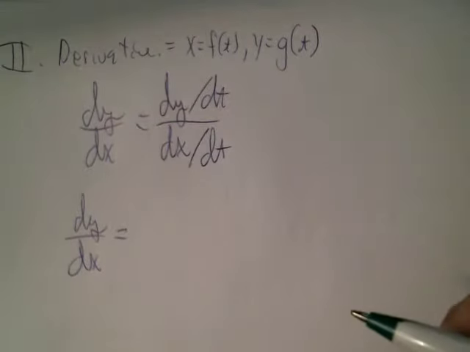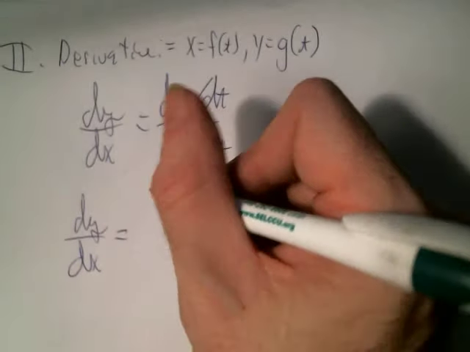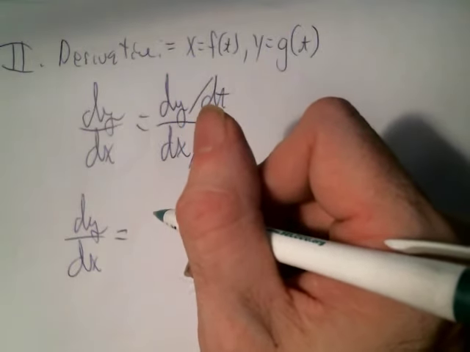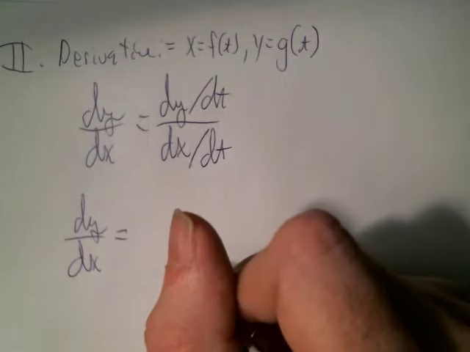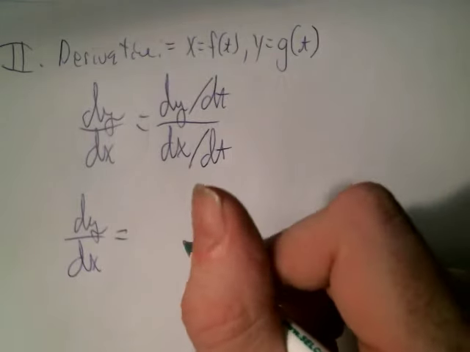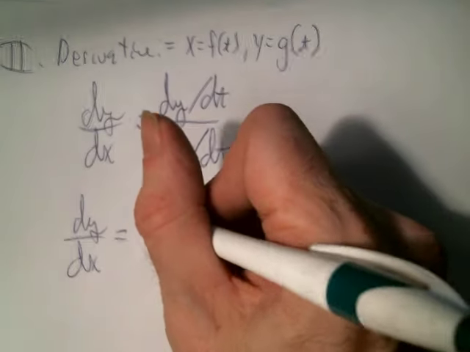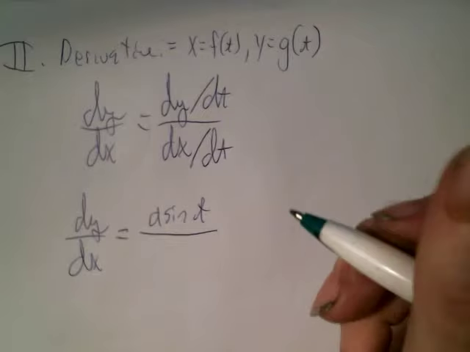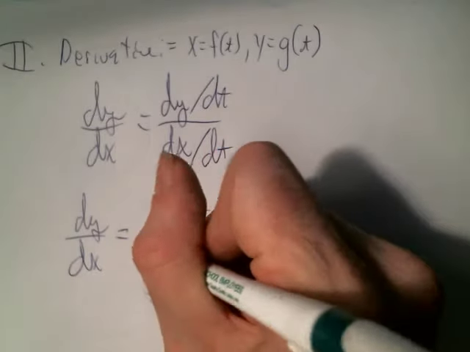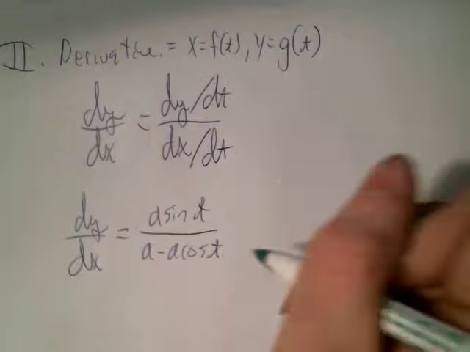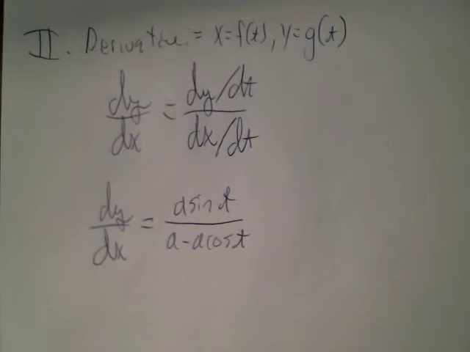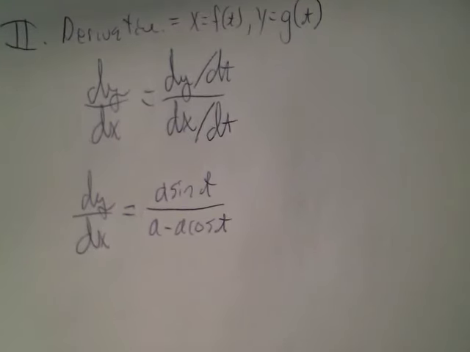The y part was a minus a cosine t. Its derivative we found was a sine t, and then the derivative of x was a minus a cosine t.